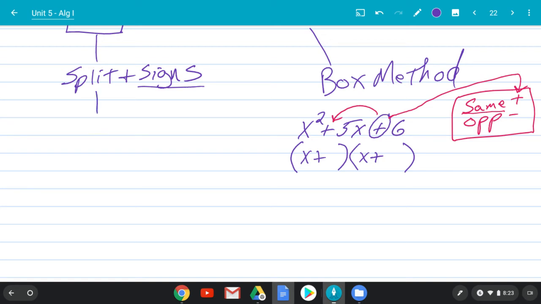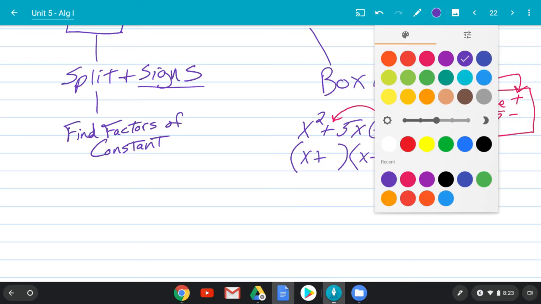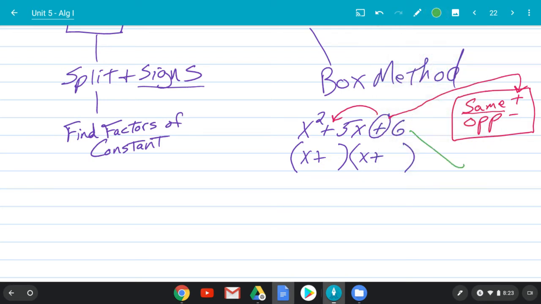Next, I'm going to find factors of the constant. And the constant is the number at the end, right? So let's list these factors. What are the factors of 6?